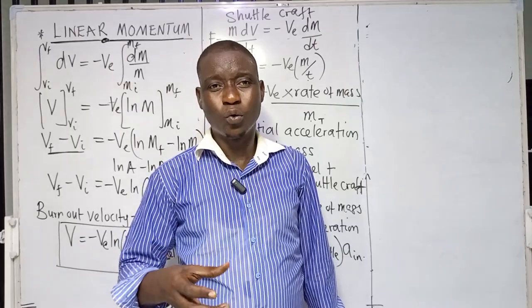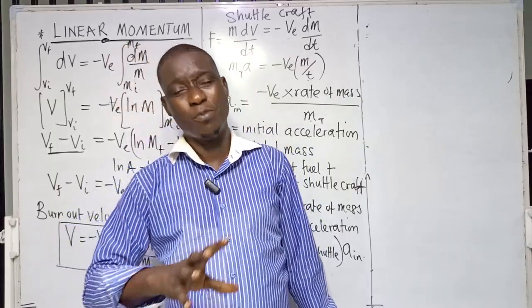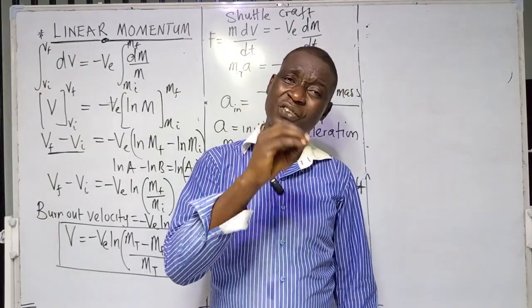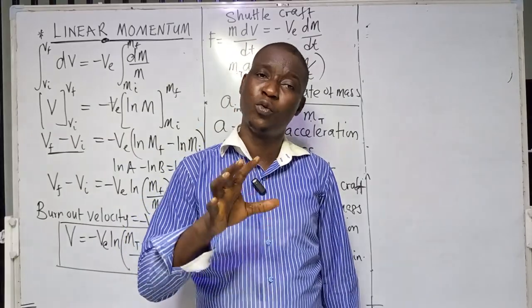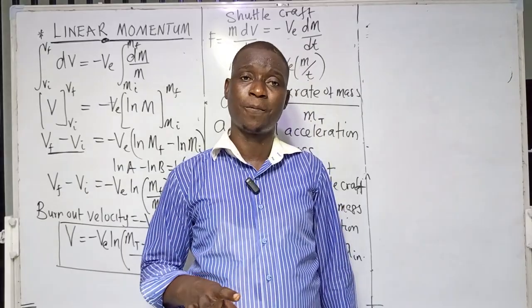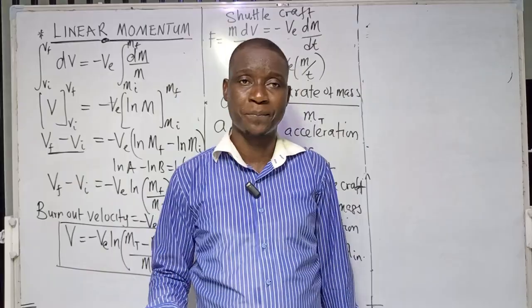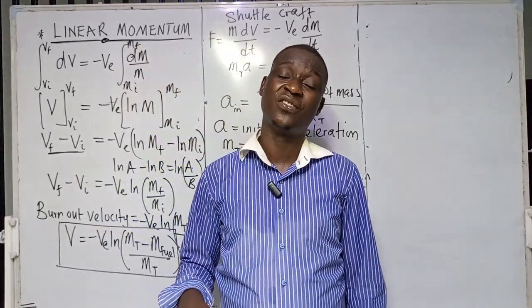You understand? So they keep the momentum constant, or they conserve the momentum. So internal forces do not violate the law of conservation of momentum, because they produce equal and opposite forces within the system. So they conserve the system.